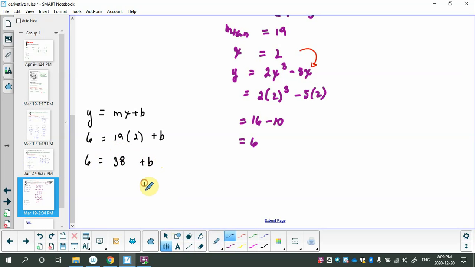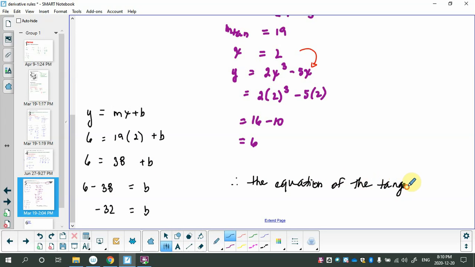Plus b, I'm going to leave b behind. 6 minus the 38 is negative 32 equals b. Therefore, the equation of the tangent, the derivative, and it's actually a tangent line because it's y equals mx plus b, is y equals mx plus b.